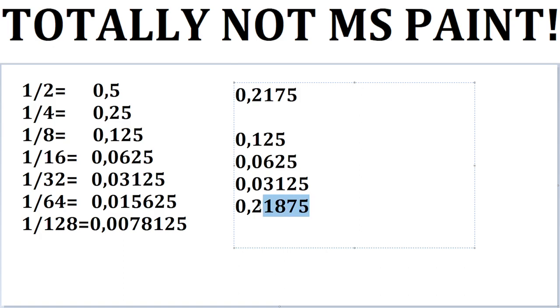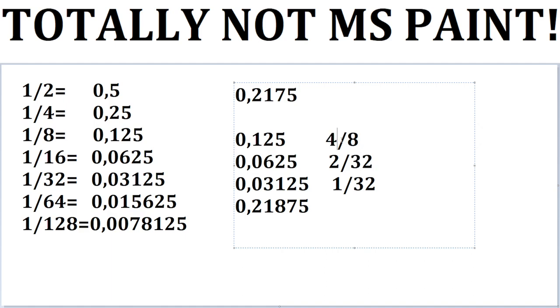Now that I have the number in decimal, I want to know what's this fraction actually. Now I'm just going to check. Okay, that's an eighth. And that's a 16th. And that's a 32nd. Now that's 2 32nds.